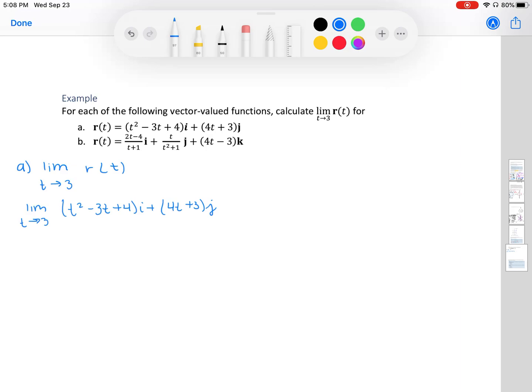I can apply the limit to each one of the components, so that we have the limit as t is approaching 3 of t squared minus 3t plus 4 i plus the limit as t is approaching 3 of 4t plus 3 j.